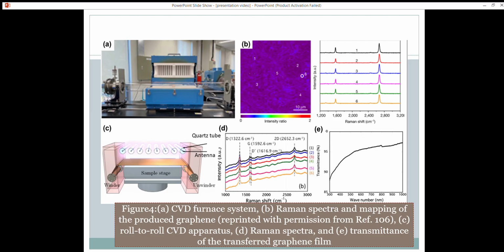Figure C shows the roll-to-roll CVD apparatus in which there are quartz tubes, and inside the quartz tubes there are antennas. Beneath is the sample stage, and at the sides are winder and unwinder. Figure D represents the Raman spectra and figure E represents the transmittance of transferred graphene films. So this all is basically a CVD furnace system and its Raman spectra and transmittance of the transferred graphene films which we obtain.